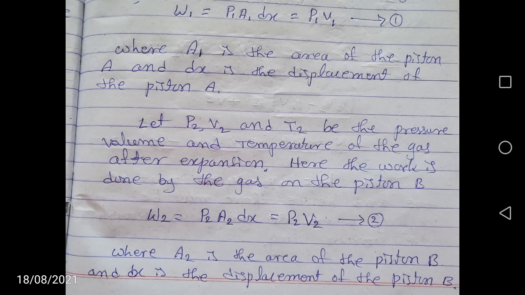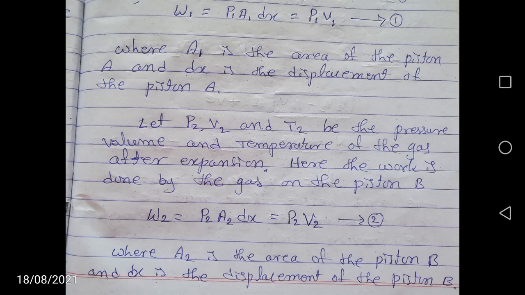Here A1 is the area of the piston A and dx is the displacement of the piston through a small distance. The product of A1 and the distance gives you the volume. So work done equals P1 into V1.